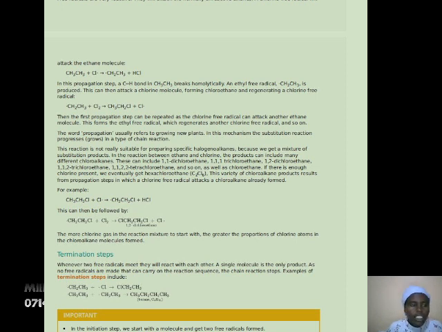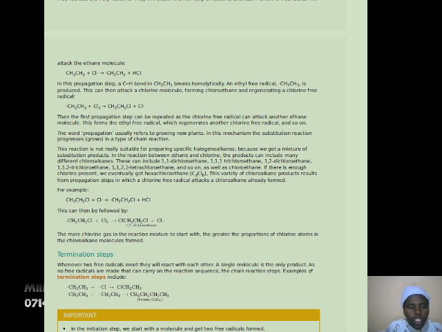If you have ethane plus chlorine, now the chlorine radical, you will get chloroethane plus hydrogen chloride. In the propagation step, the first thing that happens is breakdown of a carbon-hydrogen bond.